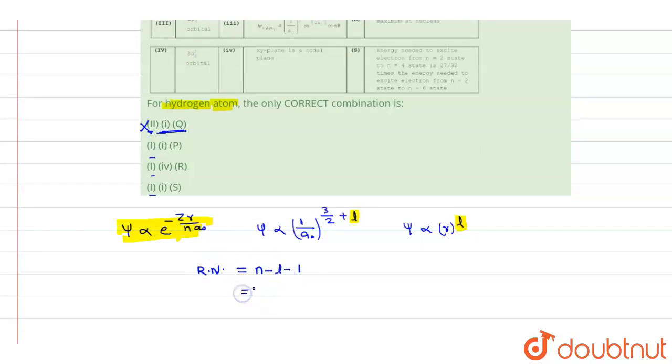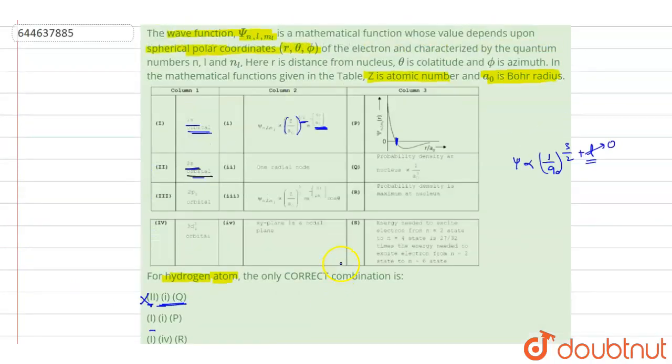So this belongs to first shell. For s subshell, l is equal to 0, so n minus l minus 1 gives 1 minus 0 minus 1. So for 1s, number of radial nodes is equal to 0, and here we have a radial node, so this is also incorrect.